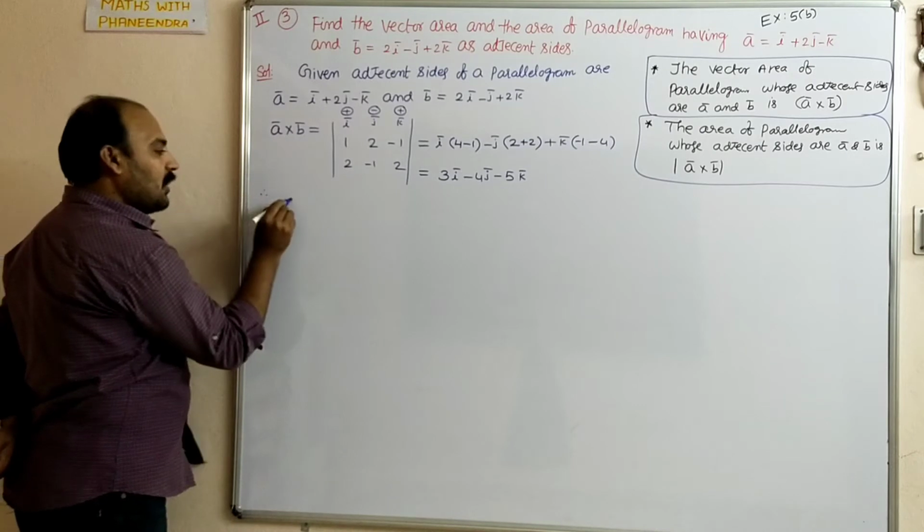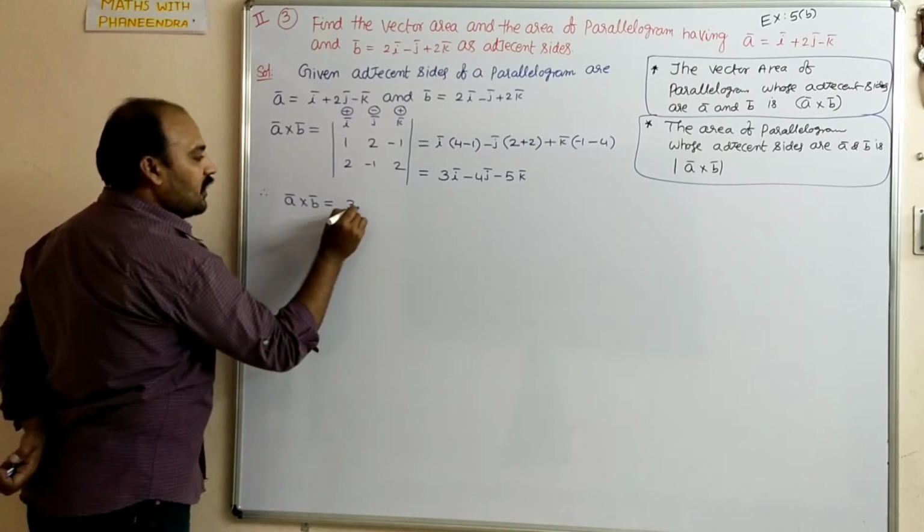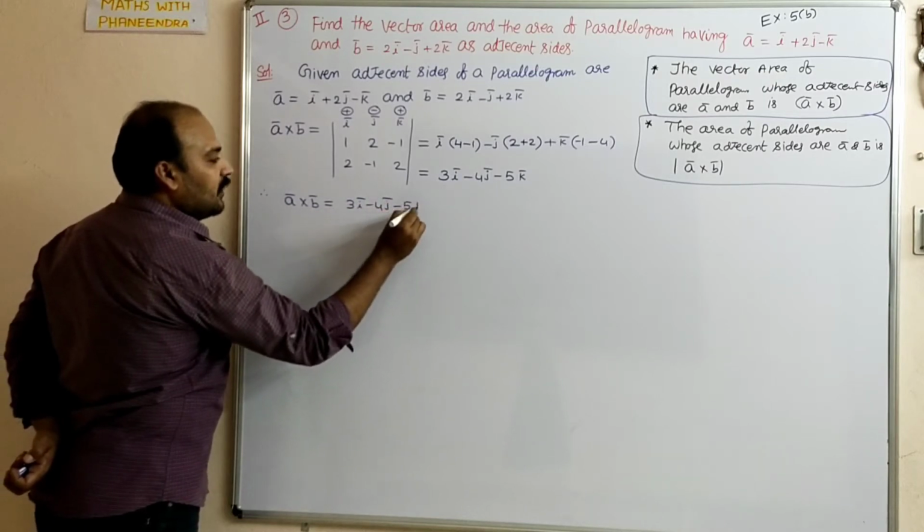Therefore a bar cross b bar is equal to 3i minus 4j minus 5k.